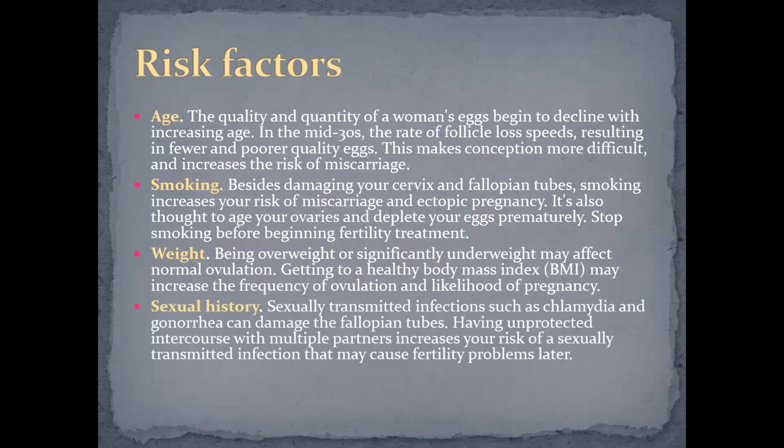Sexual history. Sexually transmitted infections such as chlamydia and gonorrhea can damage the fallopian tubes. Having unprotected intercourse with multiple partners increases the risk of sexually transmitted infections that may cause fertility problems later in life.